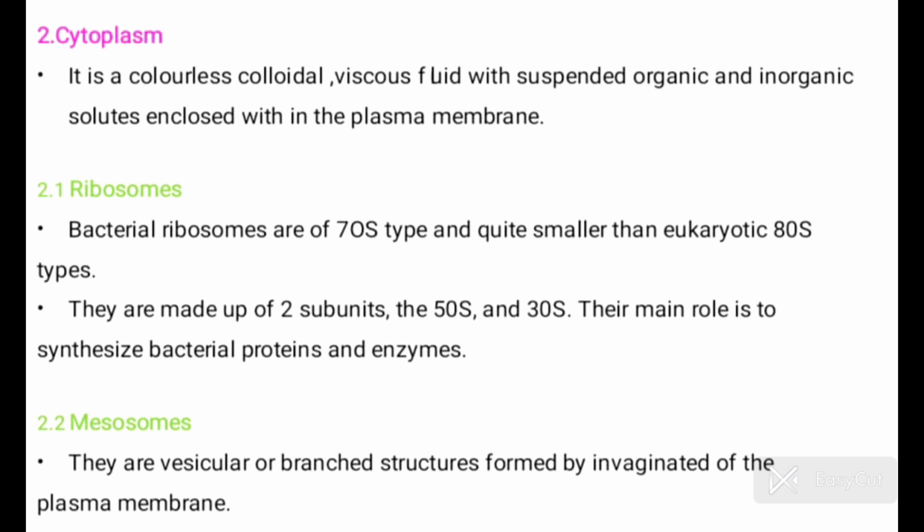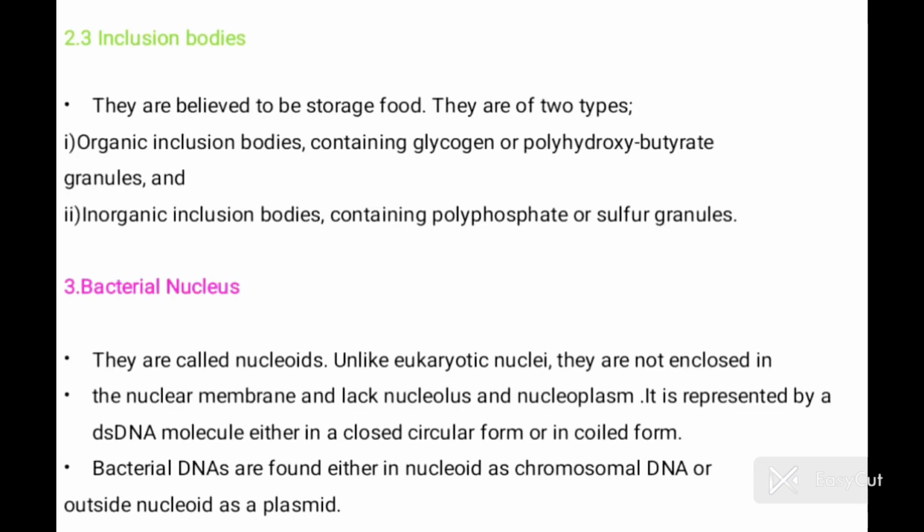Second, mesosome. They are vesicular or unbranched structures formed by invagination of the plasma membrane. Third, inclusion body. They are believed to be storage food. They are of two types: organic inclusion bodies containing glycogen or polyhydroxybutyrate granules, and inorganic inclusion bodies containing polyphosphate or sulfur granules.